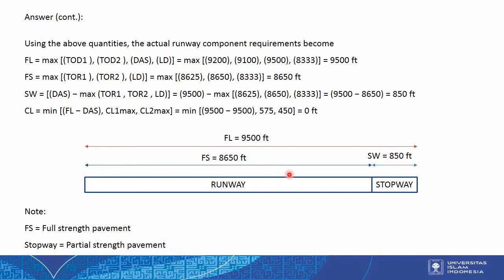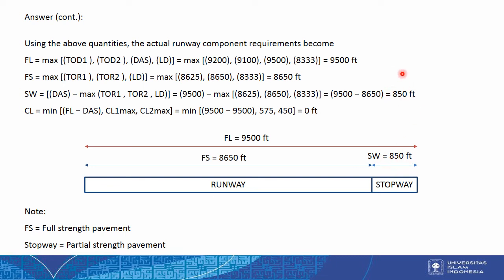Now we will draw it. This is the runway, and this is the stopway. We don't have the clearway because it's 0 feet. This is the FS, the full strength pavement, and this is the stopway, or SW.